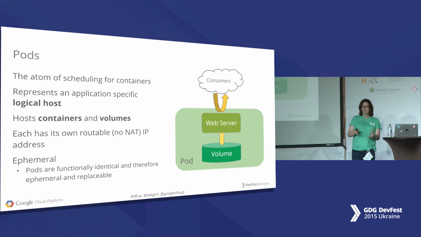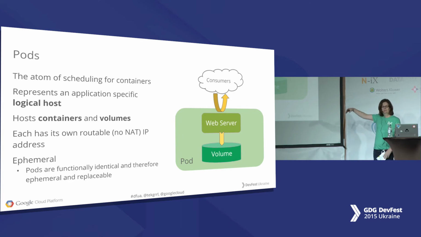And that means we can run containers on that pod, that logical host, that can talk to each other like they were running on the same machine. In this case, they are running on the same machine, they run inside a pod, but we've simplified the container abstraction that Docker provides. A pod effectively hosts containers and volumes, and also it has its own IP address. So each pod will have a routable IP address, not NAT.